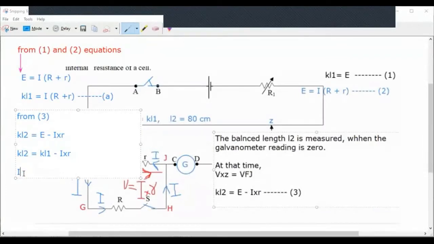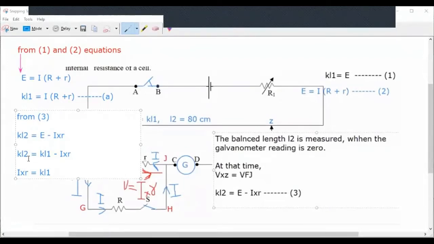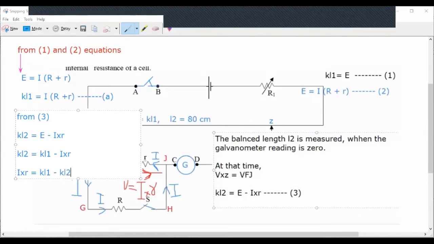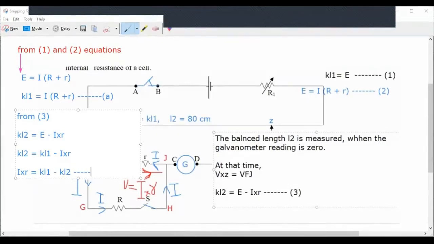Nothing will happen to KL1, and plus KL2 goes to the other side as minus KL2. So let me mark this as simple B equation. Now I have two equations, simple A and simple B.